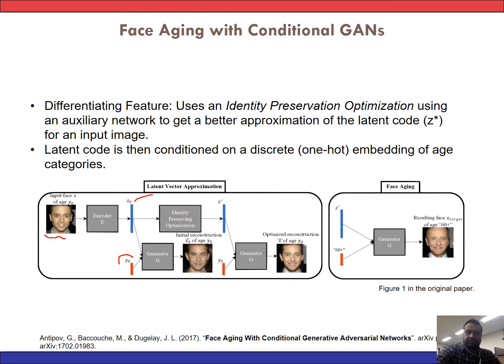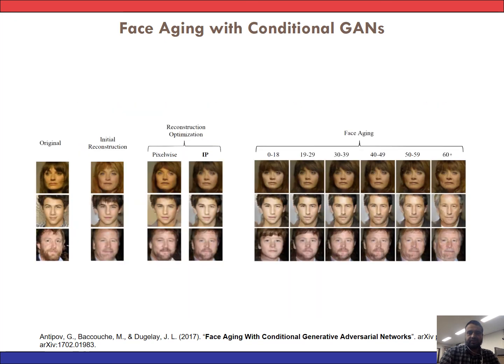Similarly, we are also preserving the identity by using this objective here, and then we can concatenate these two and give them to the second generator, and the second generator will generate the output images with different age. So this is another application of the conditional generative adversarial network.